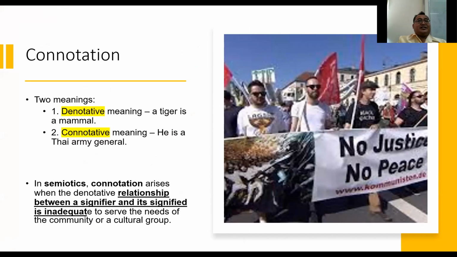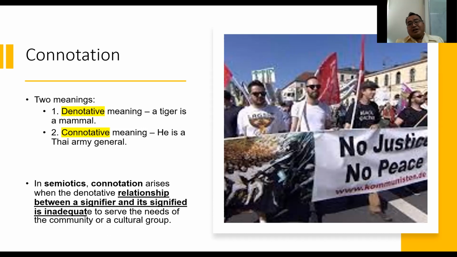Denotative meaning is direct. A tiger is an animal. That's direct. Another meaning is connotation, connotative meaning. It's the meaning plus feeling, plus other, what I would say, adjectives.